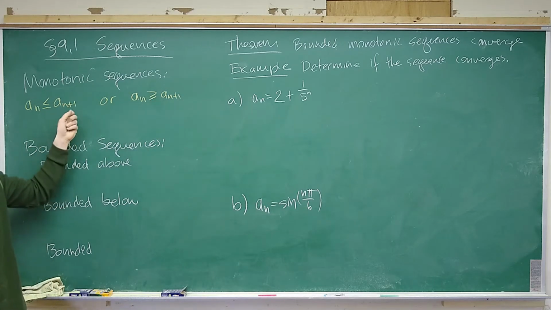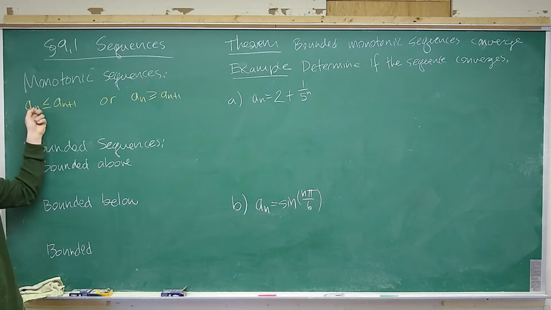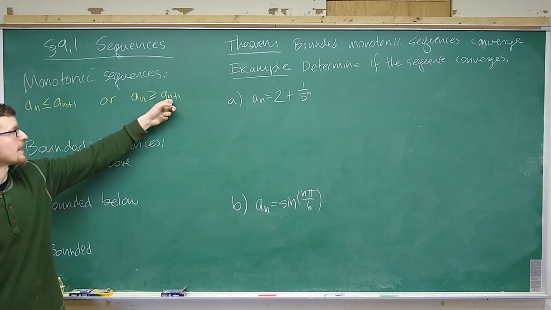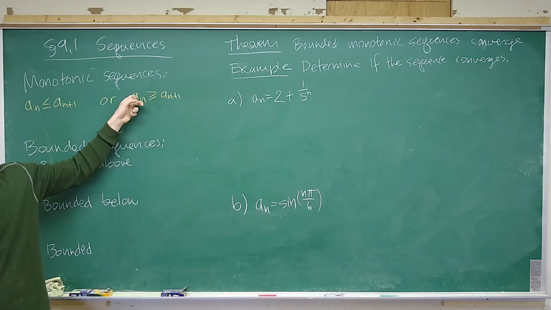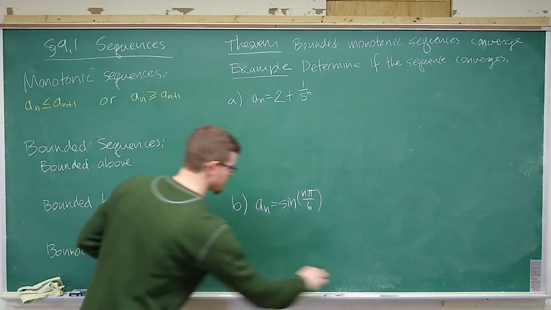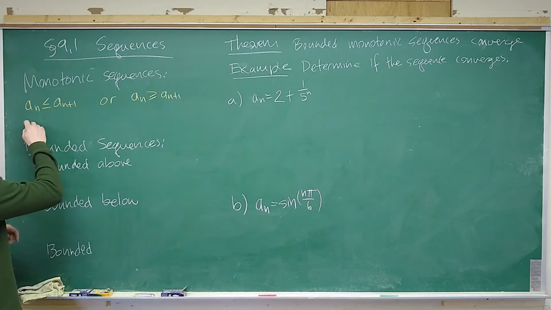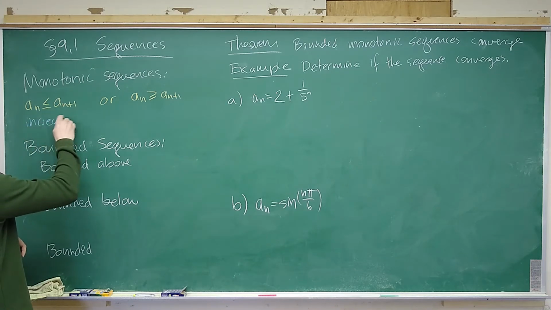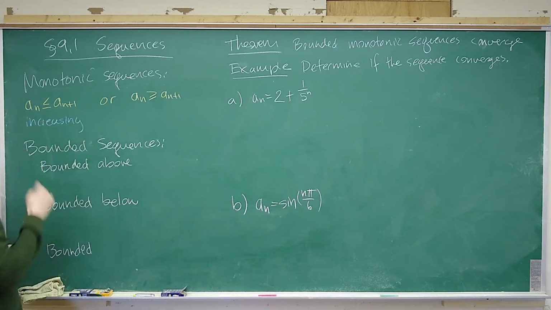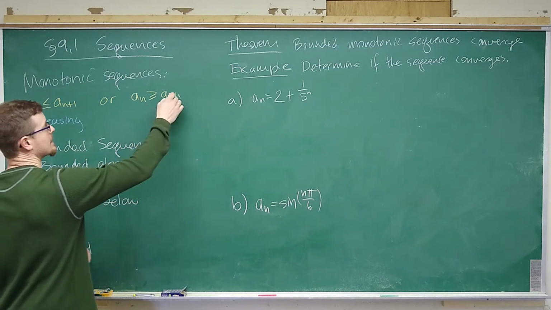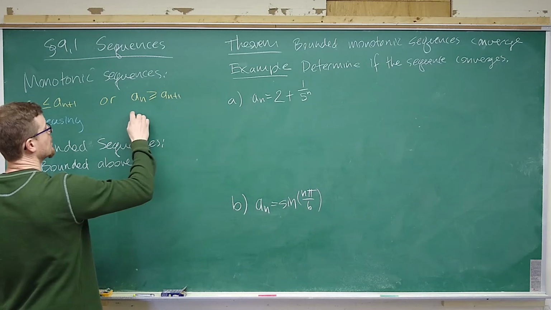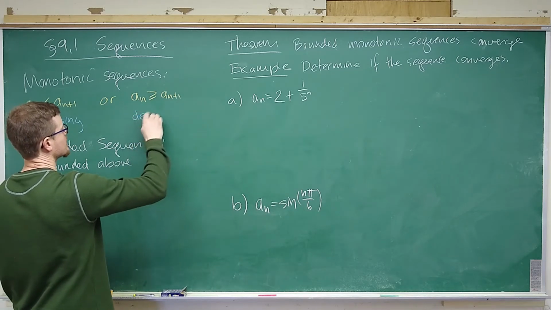You can also think of that as the next term is always larger, or the next term is always smaller. In the case of the next term being larger, this is said to be monotonic increasing. And in the case that the next term is smaller, we would say that it's monotonic decreasing.